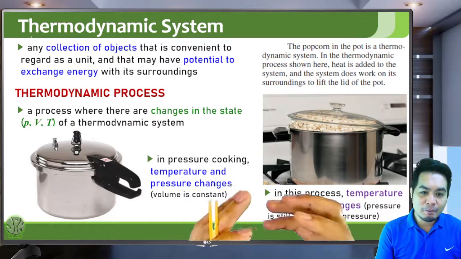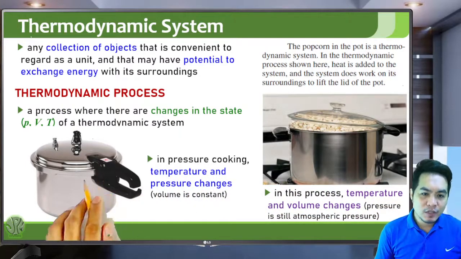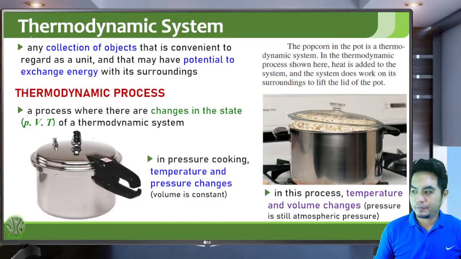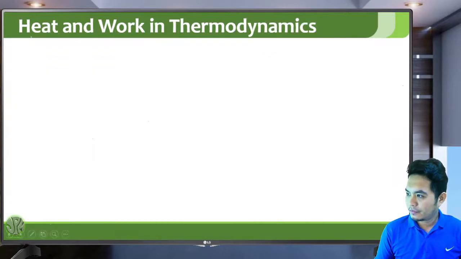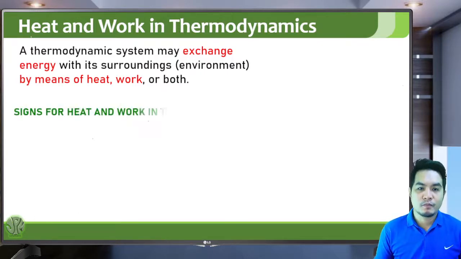So the pot doesn't expand, but the pressure inside the cooker increases with temperature. Again, a thermodynamic system has the ability to exchange energy with its surroundings or environment, and it can do this by means of heat or work or both.